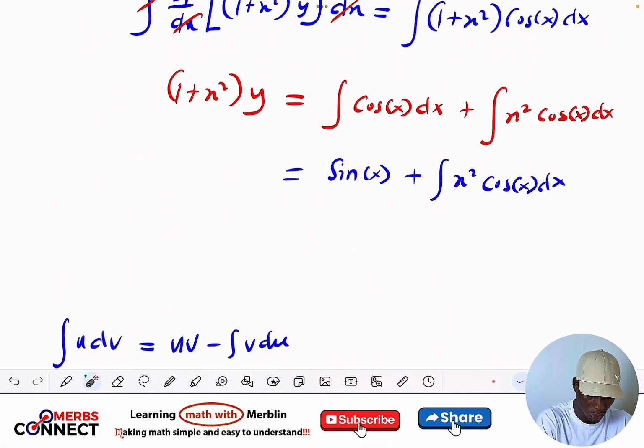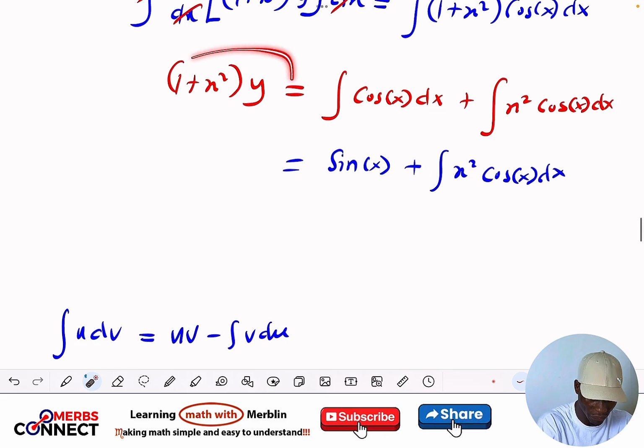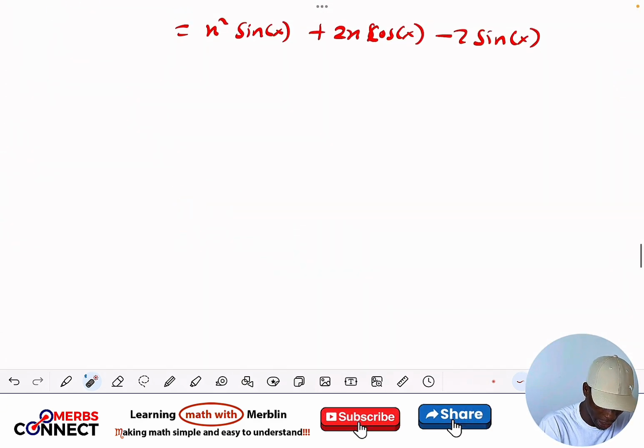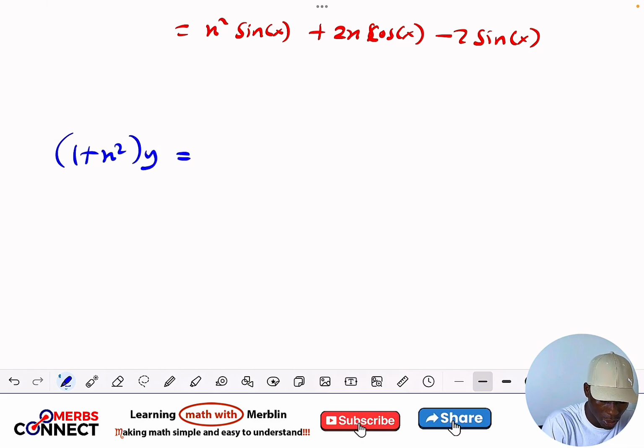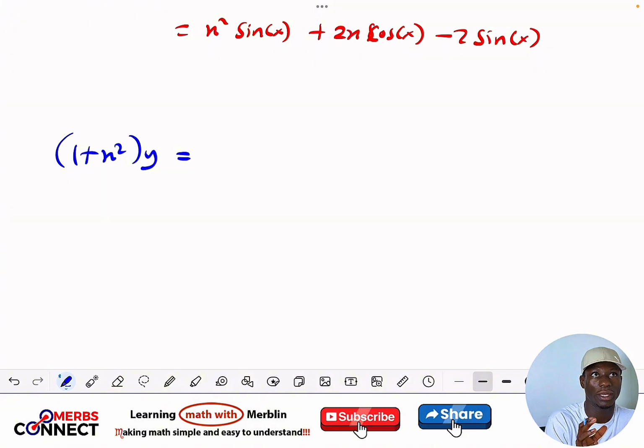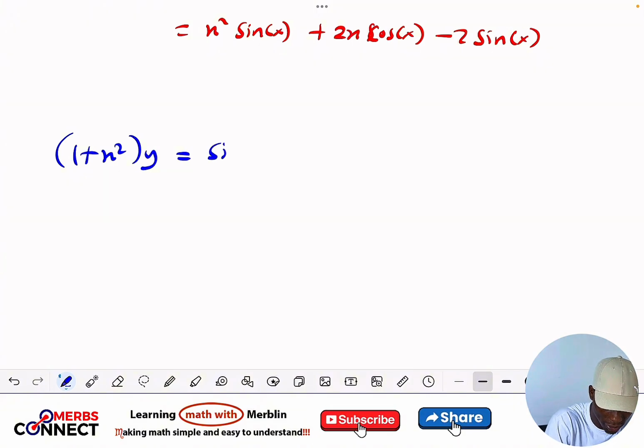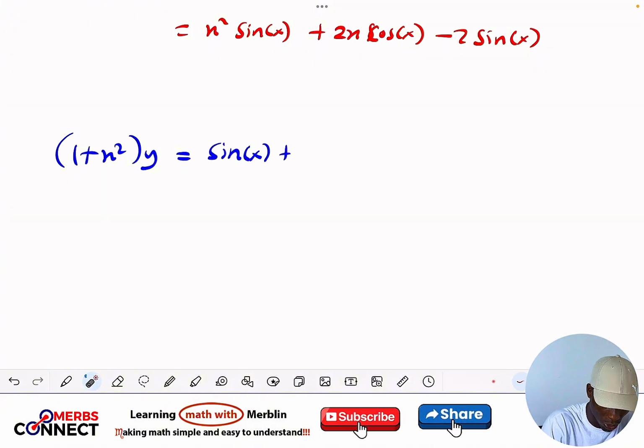So now I'm going to write everything again. Look at what we have here. I'm going to write this one plus the final answer that we have gotten down there. So we now have 1 plus x squared times y, which is equal to, well, the first one was integrating cos and we had sine, good, plus the whole of this.